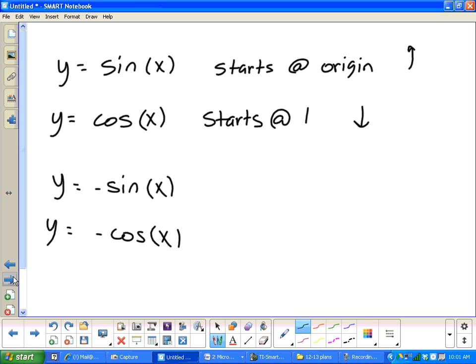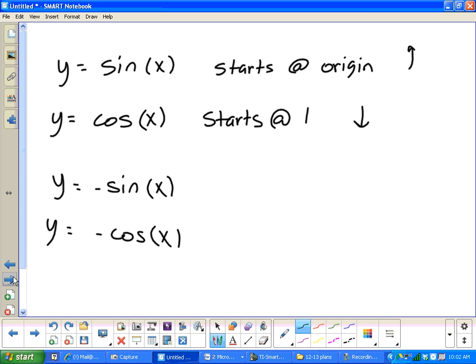Okay, so think about sin x. Think about the graph. I know it's written up there, but where did it start at? It started at the origin, and then it went up, right? So sine starts at the origin and goes up.